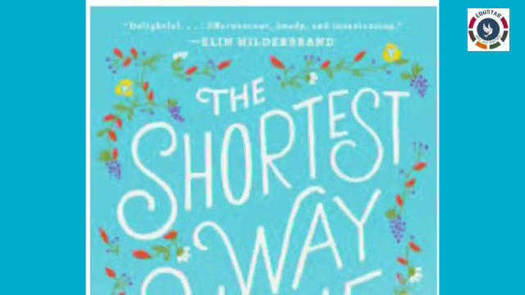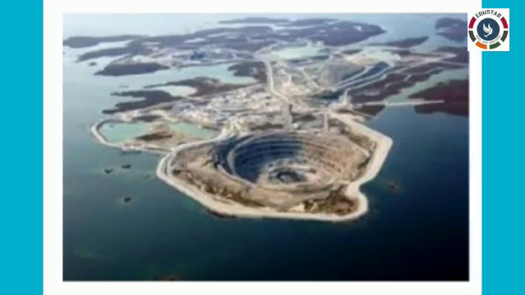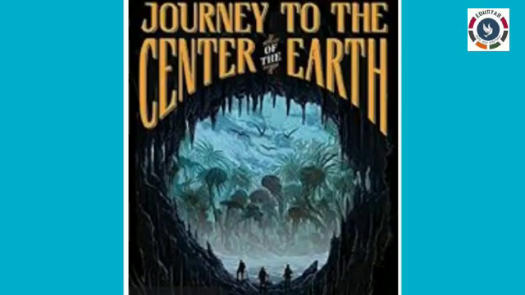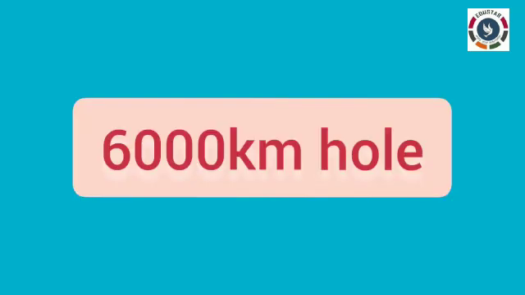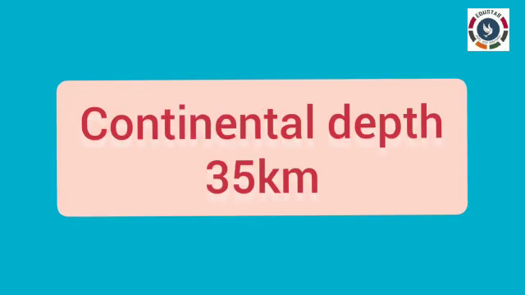And to reach the center, which is not possible, we would have to dig a hole 6,000 km deep on the ocean floor. Since the depth of the continental mass is 35 km and the ocean floor depth is 5 km, this is the shortest way to reach the center of the earth. Hence, if we dig a 6,000 km hole in the ocean floor, then we can reach the center of the earth.